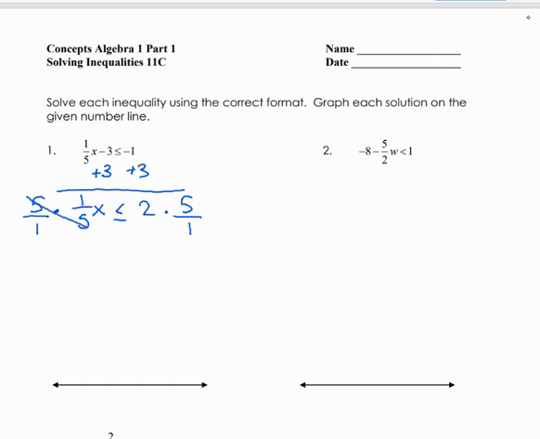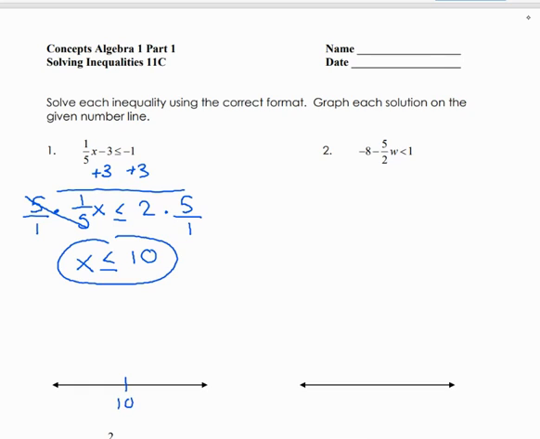So that cancels on the left-hand side, so we're left with x. I'm multiplied by a positive, so my symbol stays as is. And then what do I get on the right-hand side? 2 times 5/1 is 10/1, or simply just 10. So now we'll go ahead and graph.